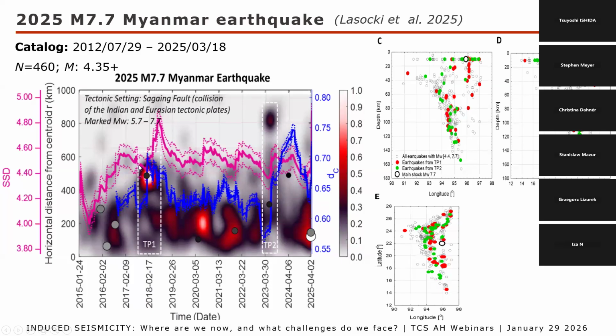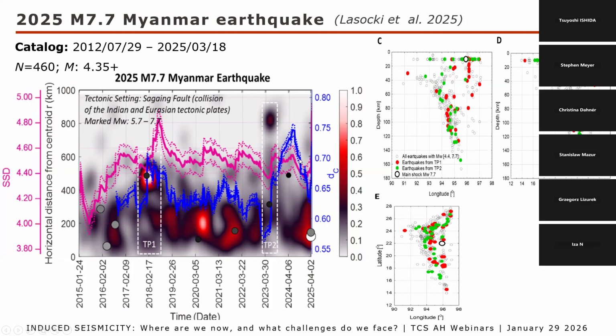We also observe a very strong earthquake here, close to 6. But then seismicity comes back to the normal level. And again, in TP2, we see very low DC. Then DC grows up and the large earthquake occurs.